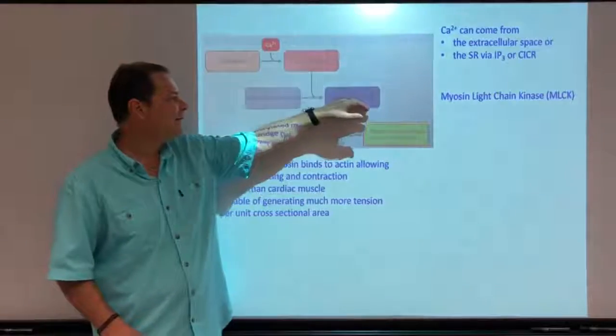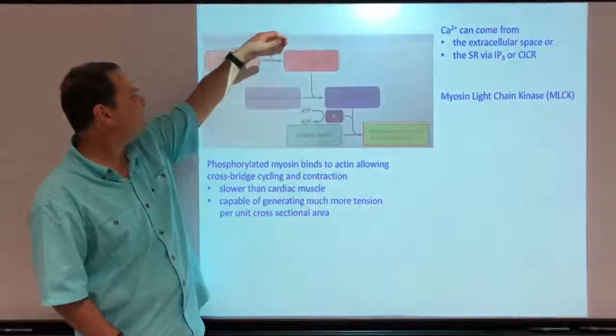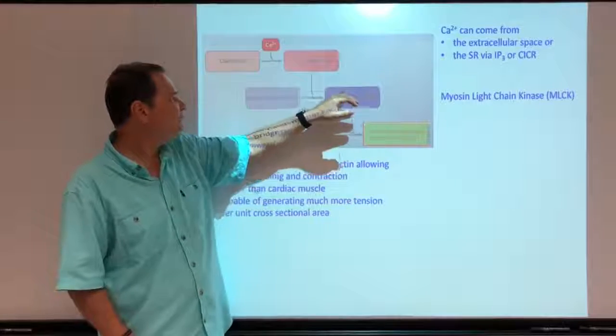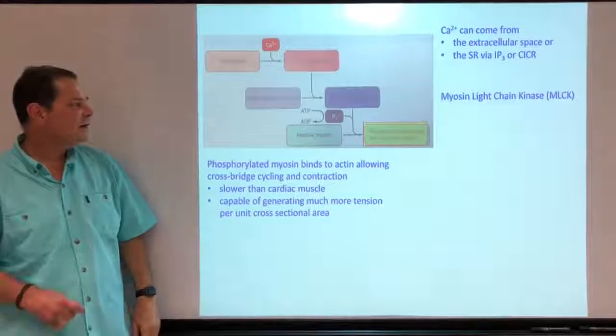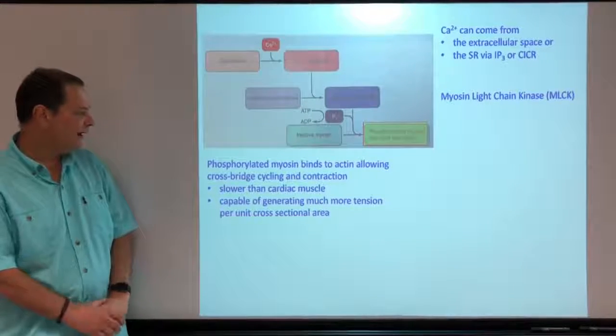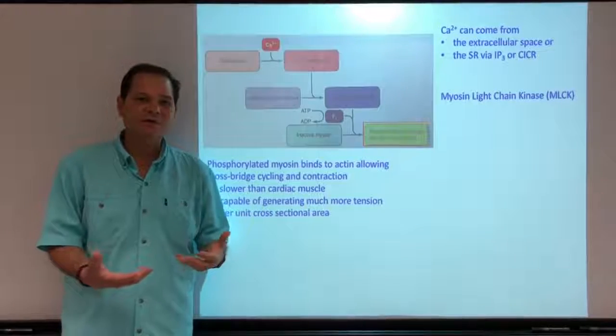So active myosin light chain kinase means more contraction. And calcium binds to calmodulin and activates myosin light chain kinase, which will cause that phosphorylation, which will allow myosin to bind actin. And so what you get is formation of cross bridges, similar to what you see in cardiac muscle.